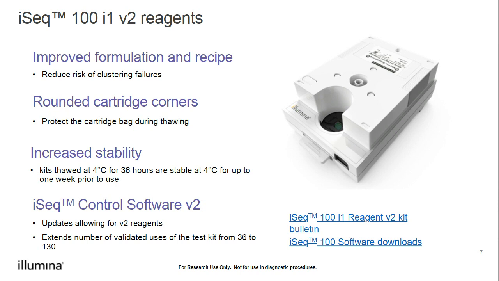We've also increased the stability of these reagents. So if you thaw these kits in the fridge at 4 degrees for 36 hours, that reagent cartridge is stable for up to 1 week prior to use, which really just helps keep the lab able to use iSeq reagents and making those more available, as these do have a longer thaw time, which we'll talk about later during run setup.